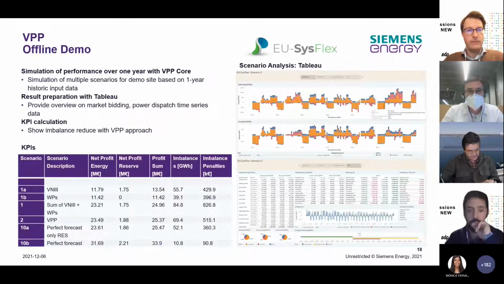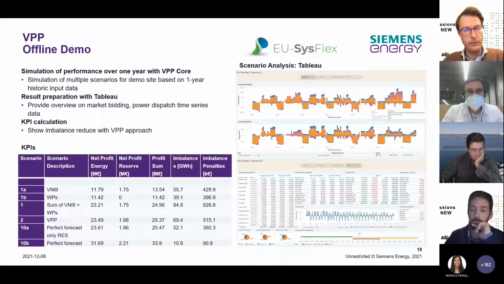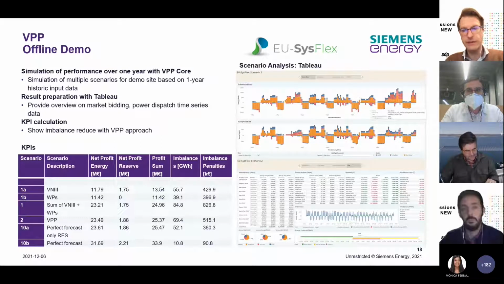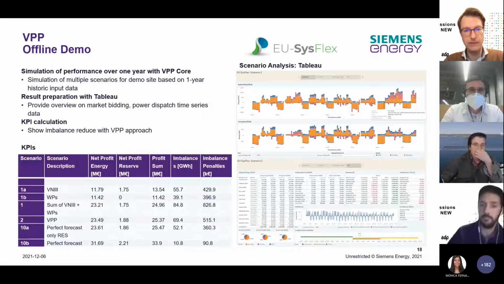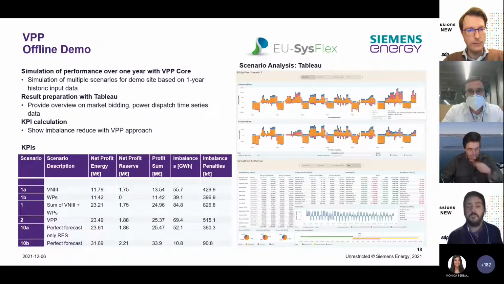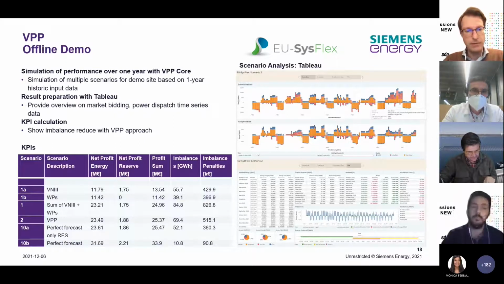Beside the online demonstration, we also did an offline demo, which is basically a simulation of the performance over one entire year, the 365 days, with the use of the VPP core. That means we picked a year in the past where we had all data available in terms of market clearing prices and weather data and so on, and ran a couple of scenarios.